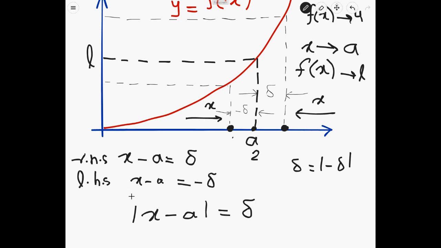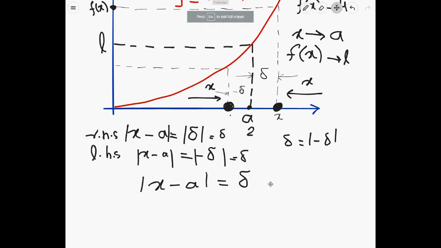So when you take the absolute value on the left hand side equation, the absolute value of x minus A is equal to the absolute value of negative delta, and it is again delta. Similarly, when you take the absolute value on the first equation, the result is again delta.